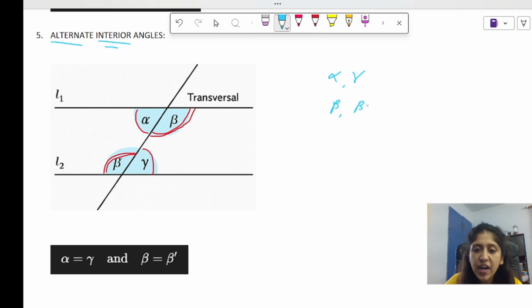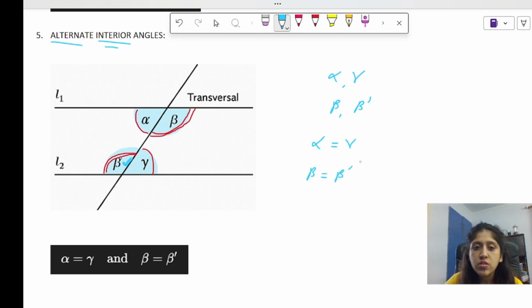Beta and beta dash, this is beta dash. So beta and beta dash, they are also alternate interior. What is the rule? Alternate interior angles are equal.